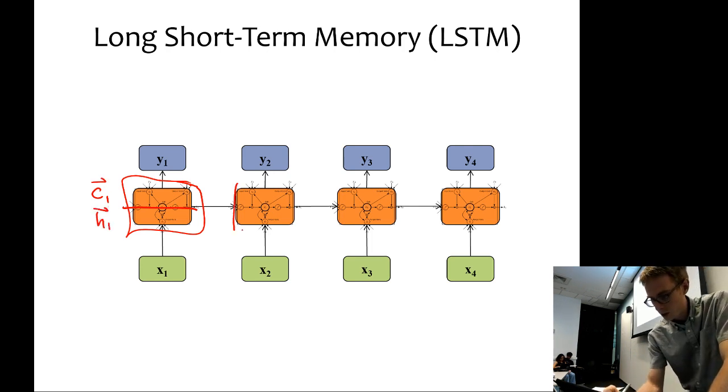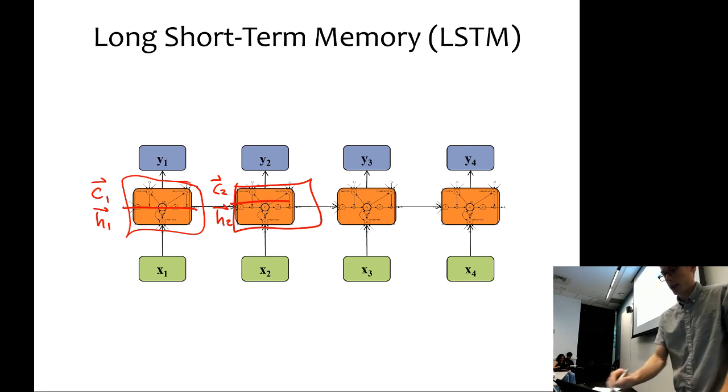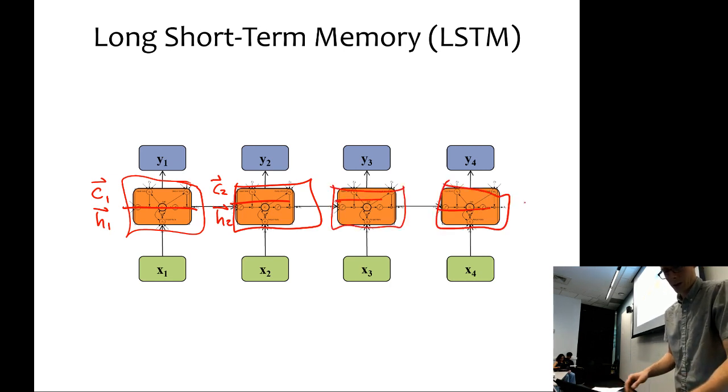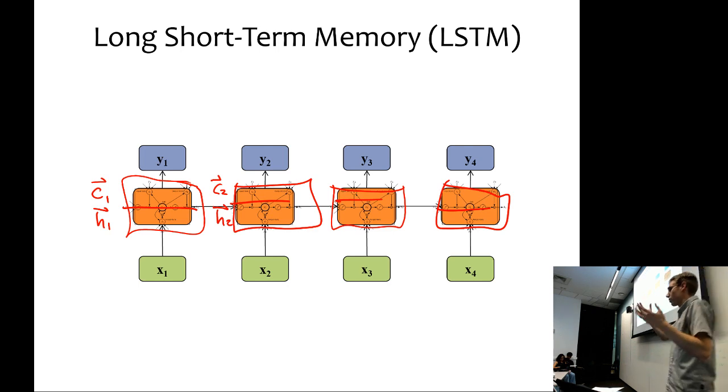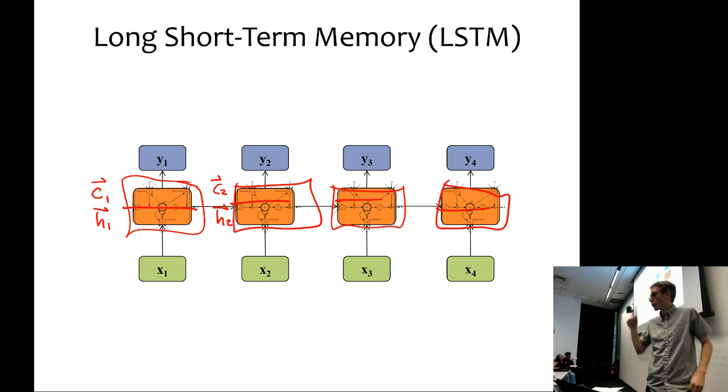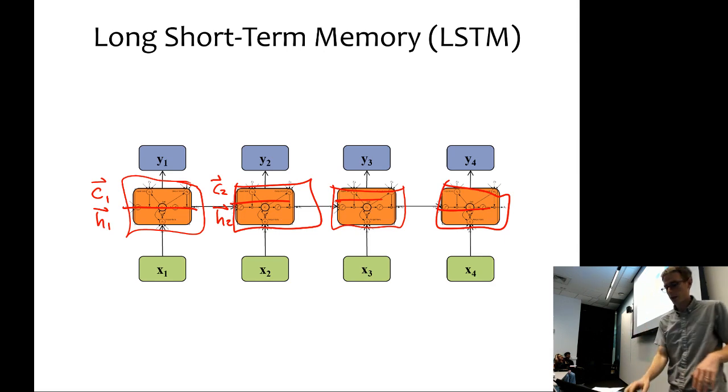And that goes for each of these, where we now have vector c2 and vector h2, and so on down the line. Okay. So information is flowing through these cells. In general, you'll see these depicted as two halves of the same coin. And so pictorially, we tend to draw these LSTMs as though c1 and h1 were one vector all concatenated together.